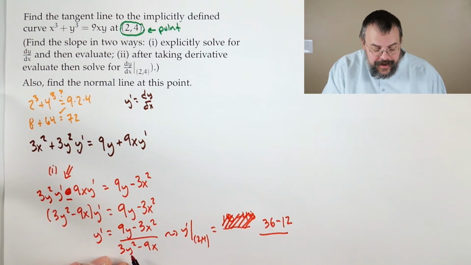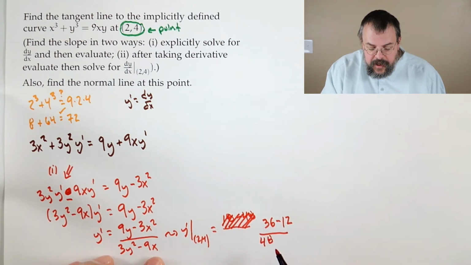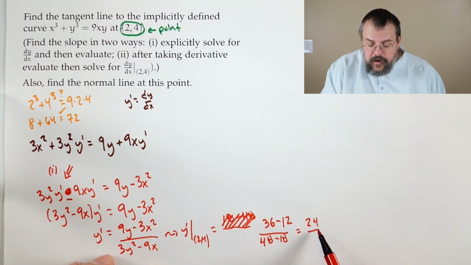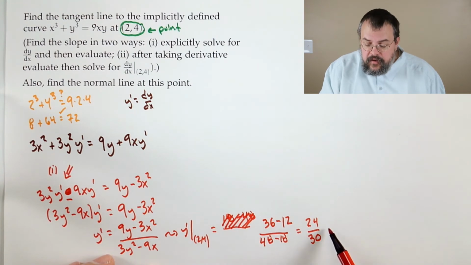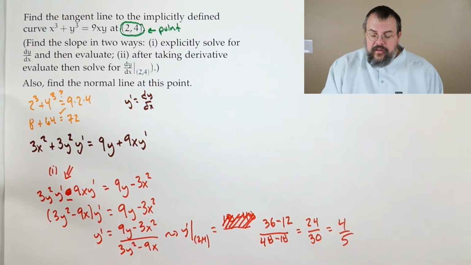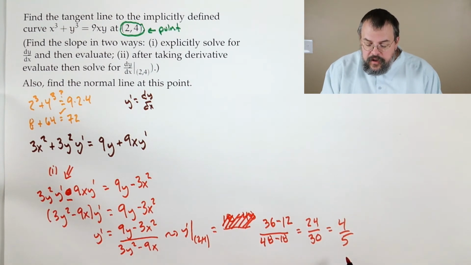Okay, 4 squared, so that's 16 times 3 is 48, minus 9 times 2, minus 18. 36 minus 12 is 24. 48 minus 18 is 30. Well, they're both divisible by 6, so that leaves us with 4/5. Okay, so that's our slope. So this should be our slope.